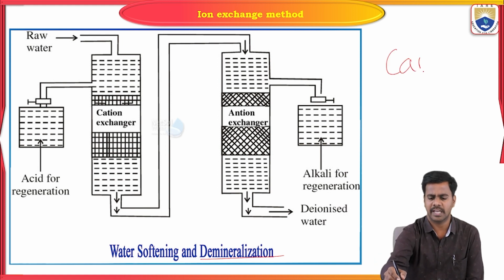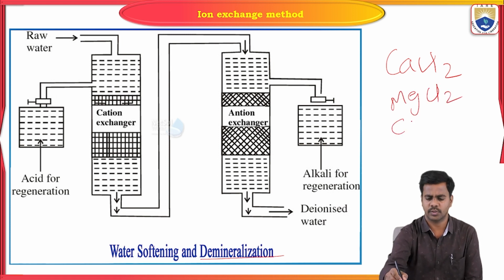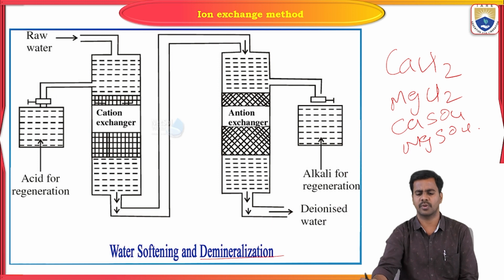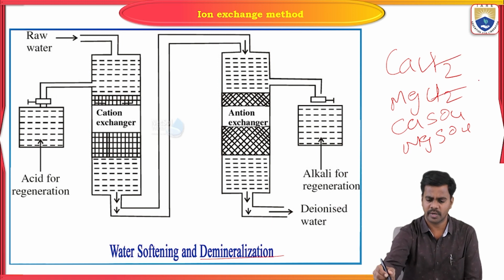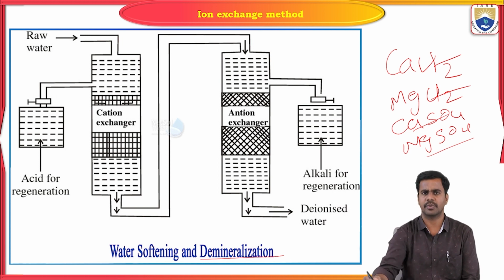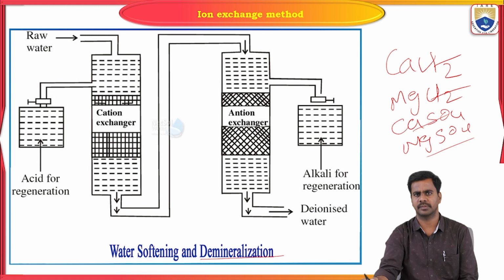If you take CaCl2 and MgCl2, CaSO4 and MgSO4, calcium chloride, magnesium chloride, calcium sulfate and magnesium sulfate, these are all hardness producing salts.